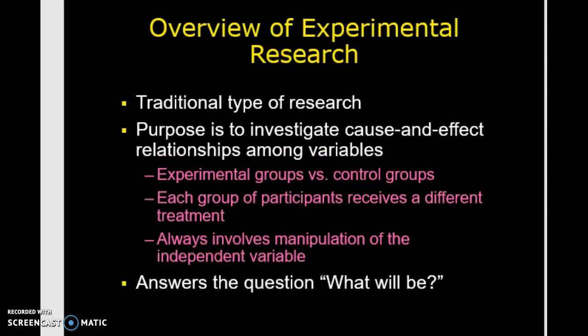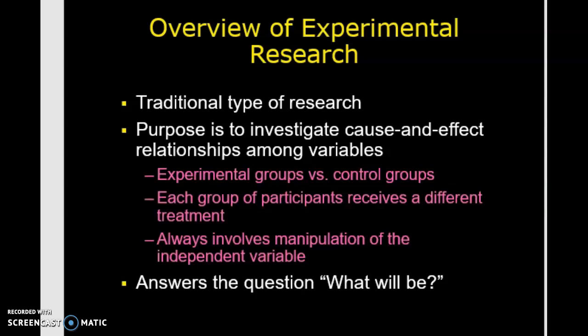Just to provide an overview, experimental research designs are the traditional type of research designs. Traditional in the sense that they are very basic and very common, especially in the natural sciences and also in some social science disciplines, and they involve some type of manipulation.